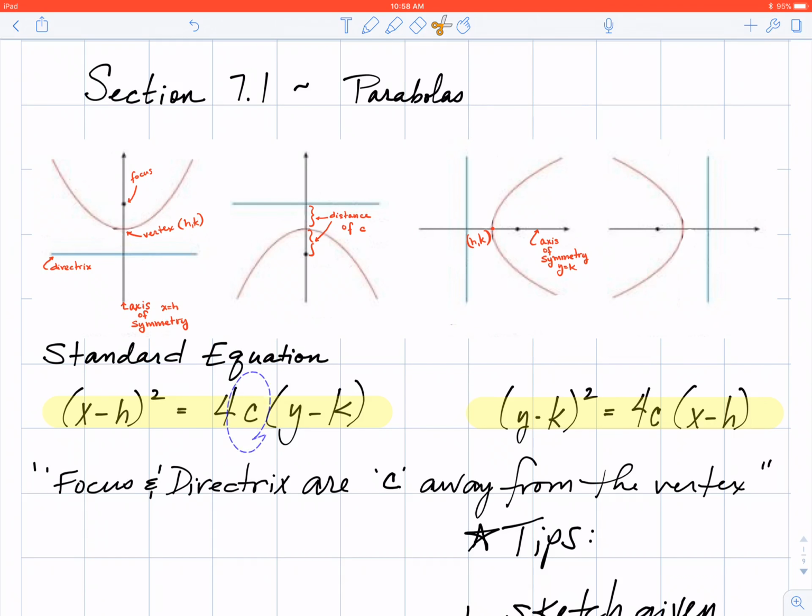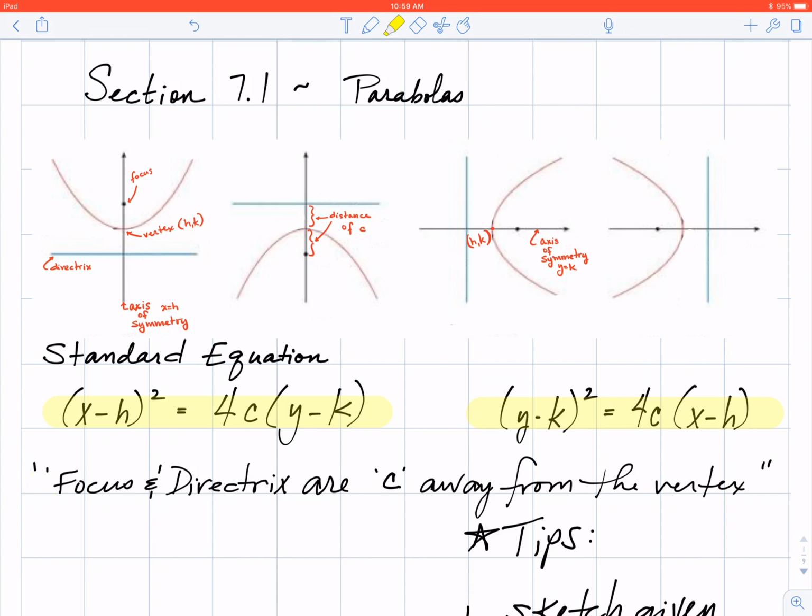If my c value is positive, it's going to be concave up. If my c value is negative, it's going to be concave down. Same thing over on the concave right and left. If my c value is positive, then it's going to be concave right. If my c value is negative, it's going to be concave left.